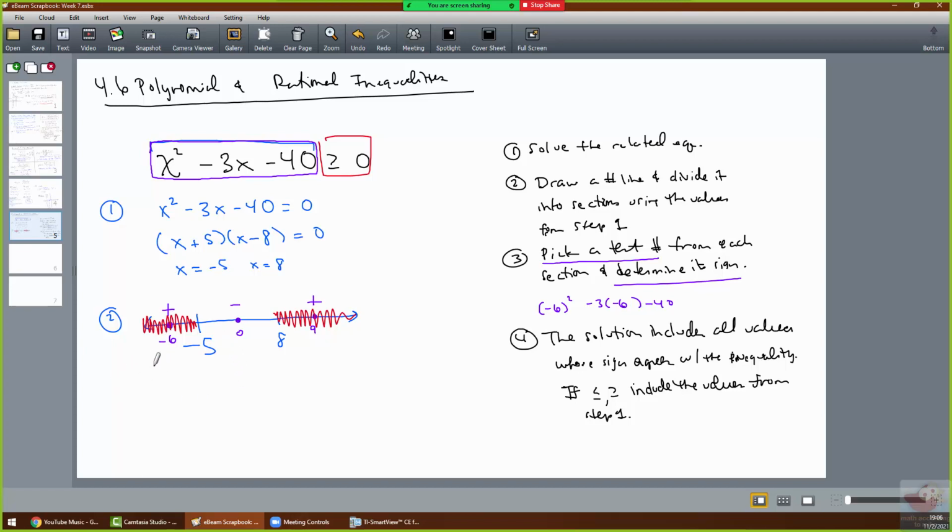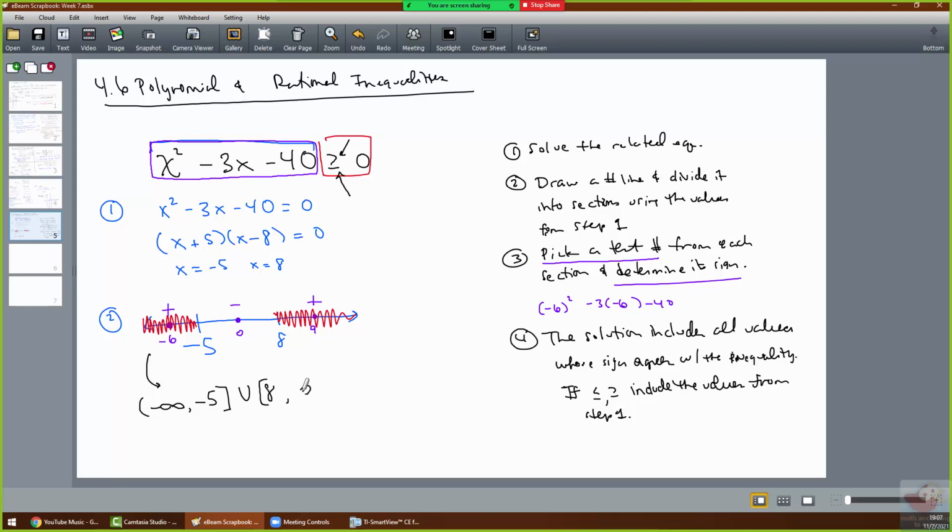The first section goes all the way left to negative infinity and goes up to negative 5. But because our inequality has an equal sign, we want to include the negative 5, so we say bracket, union. The next section starts at 8. Same deal, our inequality has an equal sign, so we start with a bracket.